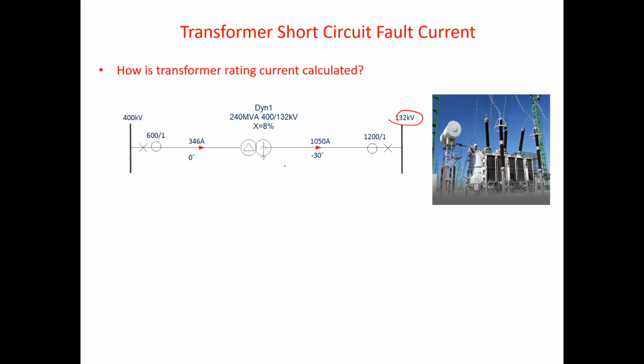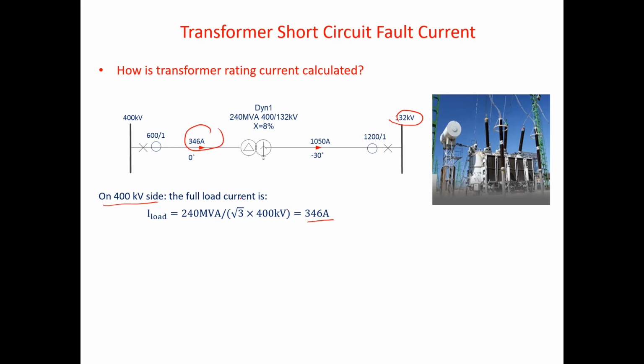current of the transformer. To do that, we have to look at the 400 kV side, for instance. We have to look at the full load current, which is calculated as MVA divided by √3 times kV, which is, say for instance, 346 in this case.